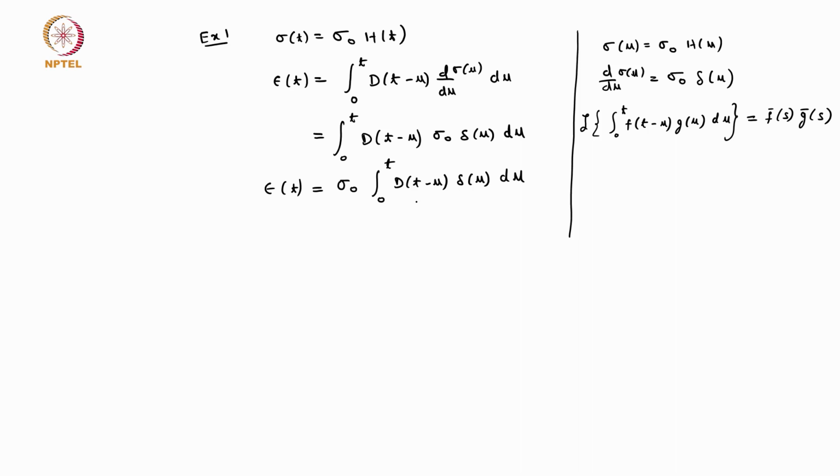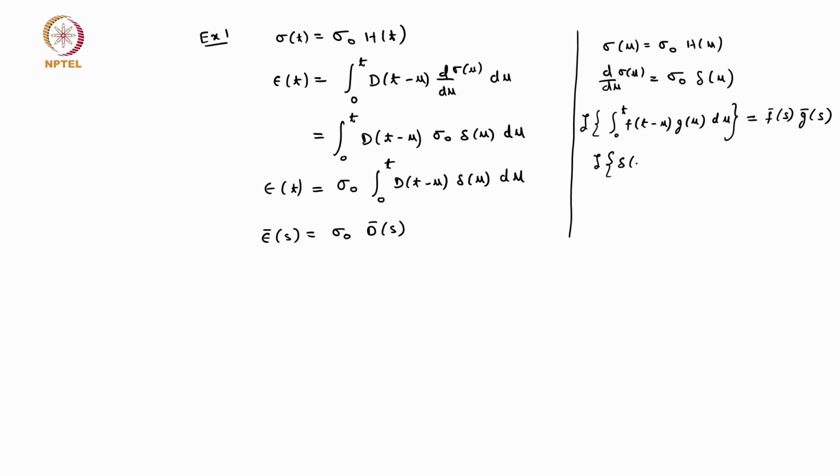So, now I need to write what the Laplace transforms of these are. Let us apply the Laplace transform on both sides of this equation. We first write epsilon of s equals sigma naught times the Laplace of D of t, which is D of s, and then the Laplace of the Dirac delta function.